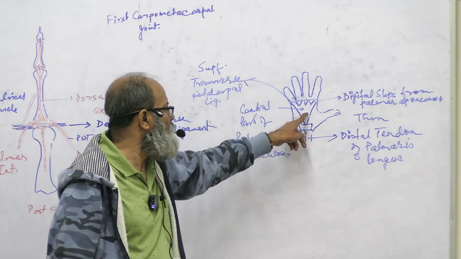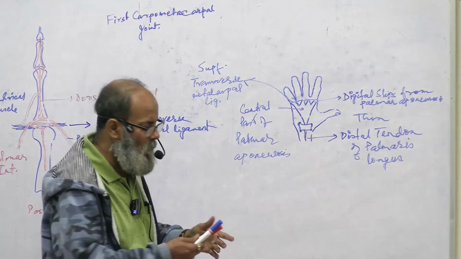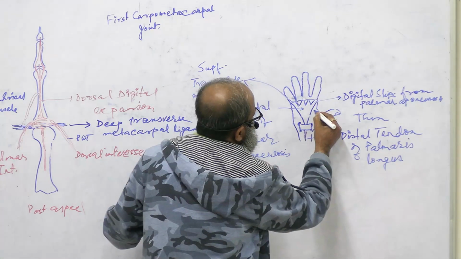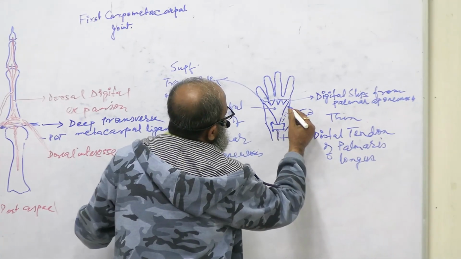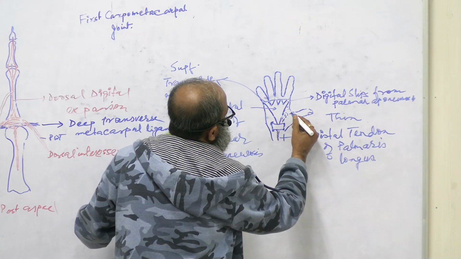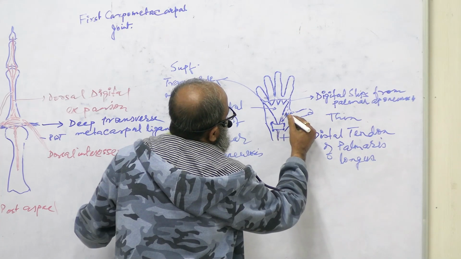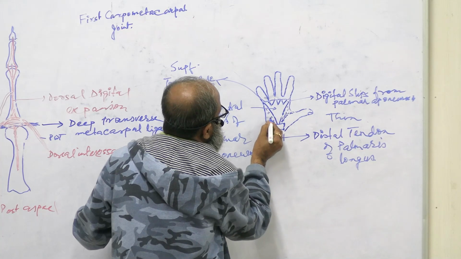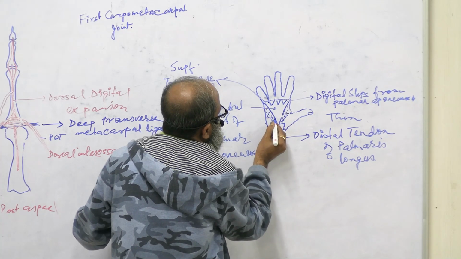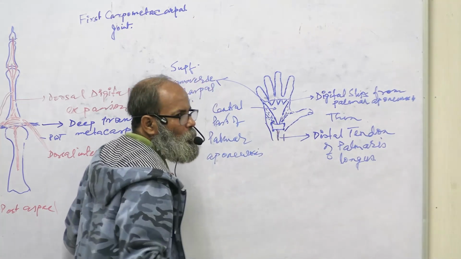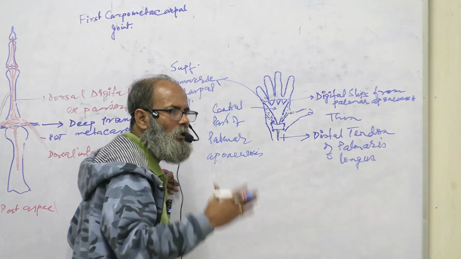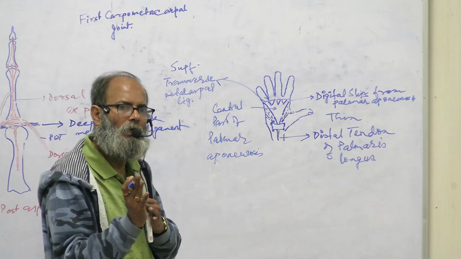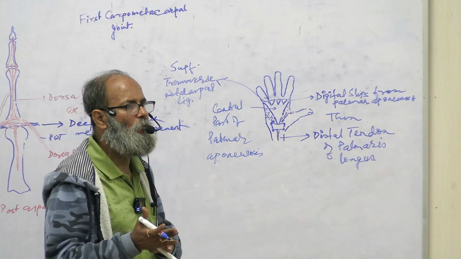It has a central triangular part, and on either side, a loose part covering the hypothenar muscles as well as the thenar muscles. This is called the medial and lateral septal part of the palmar aponeurosis over the thenar and hypothenar muscles.